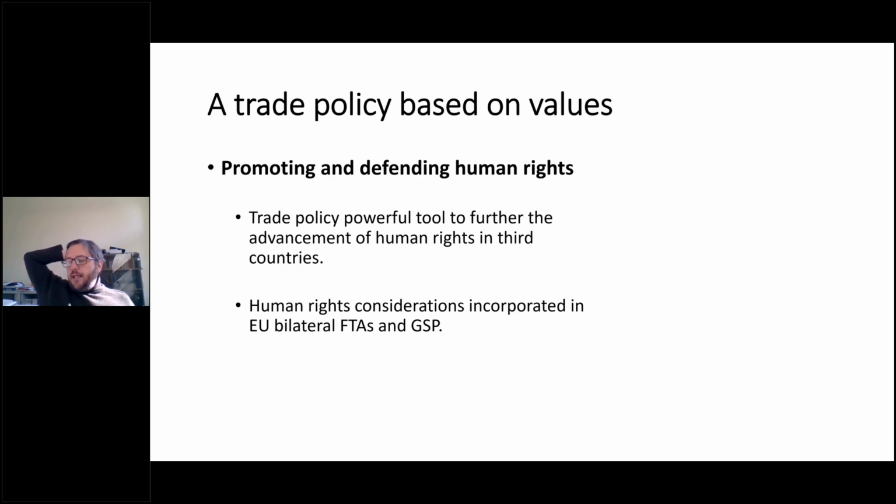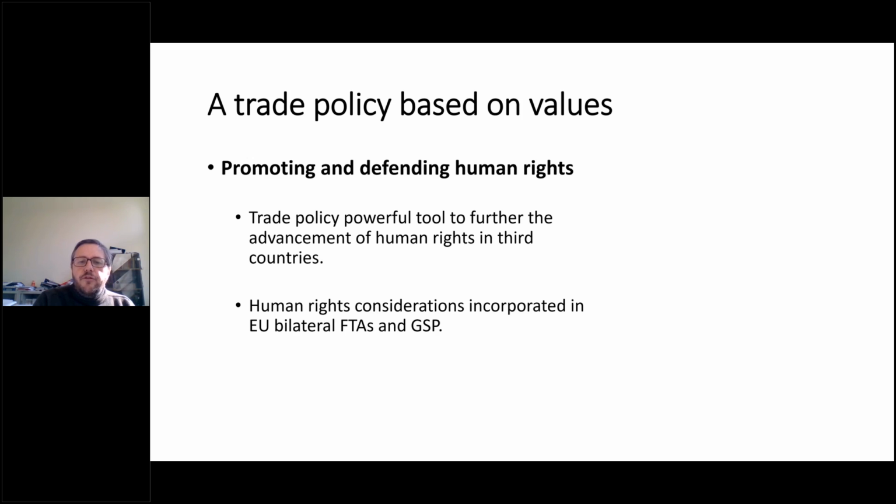Important fifth element is that there's a, let's say, red line going through all trade policies and trade instruments, and that's focusing on promoting and defending human rights. And the idea is that human rights are, let's say, a conditio sine qua non, which has to be complied with for foreign countries or traders to trade with Europe.